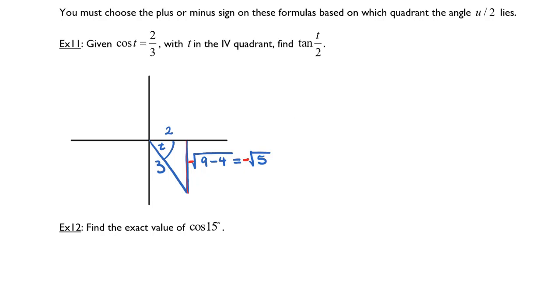Now let's look at tangent of t over 2. Tangent of t over 2 is equal to, remember the formula, 1 minus cosine of t over sine of t.